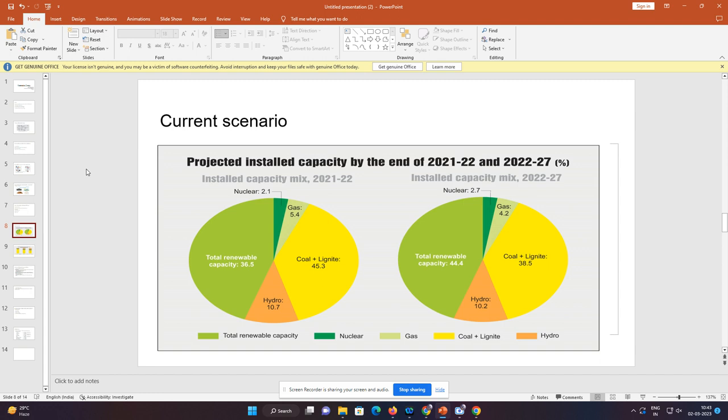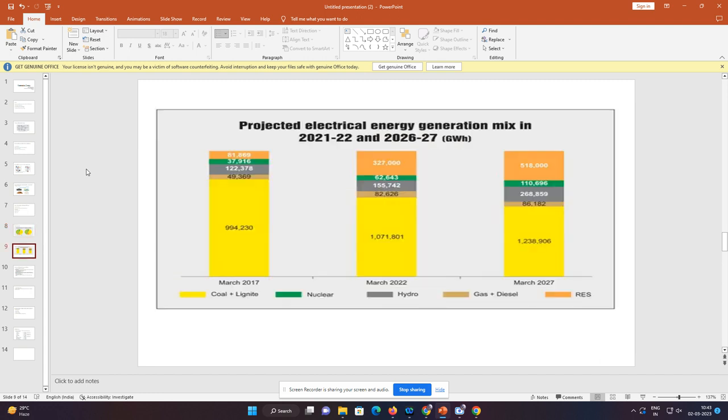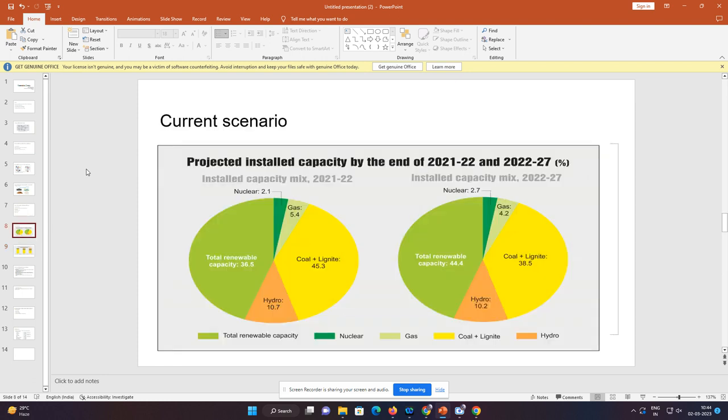In 2026-27, the peak demand is expected to rise to 298.8 gigawatts, for which 2,047 billion units of electricity could be required.